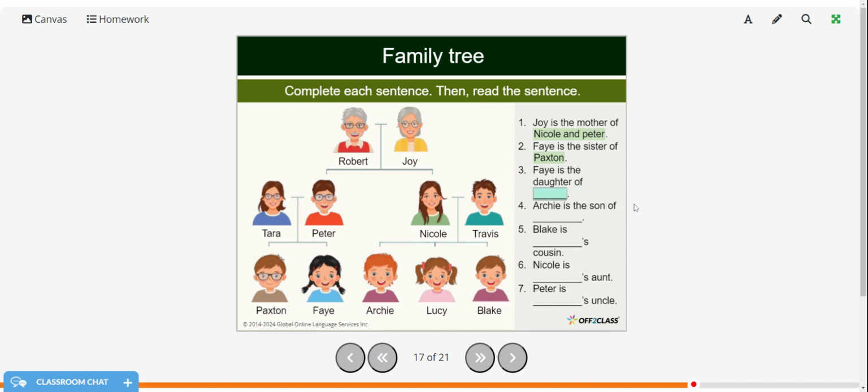Faye is the daughter of Tara and Peter. And Archie is the son of Nicole and Travis.